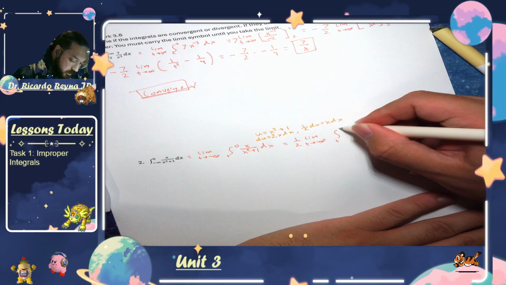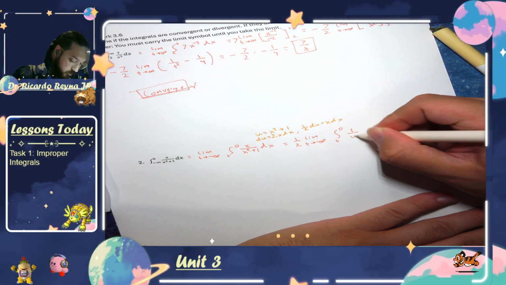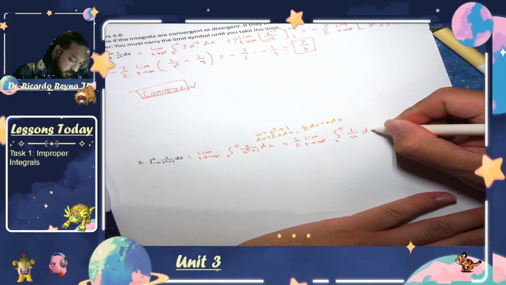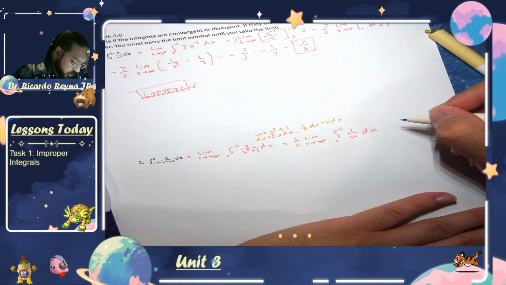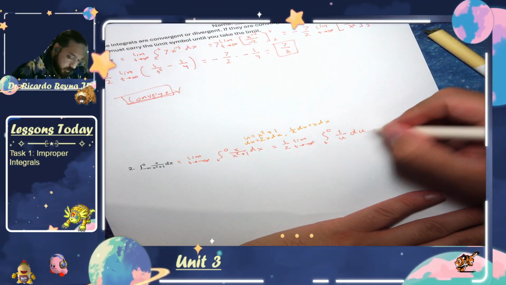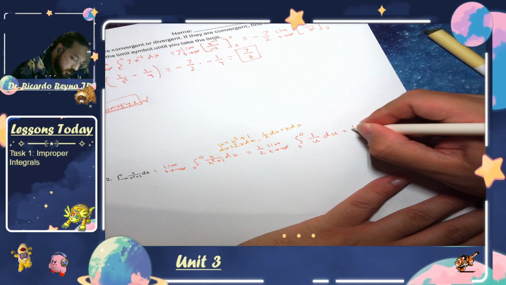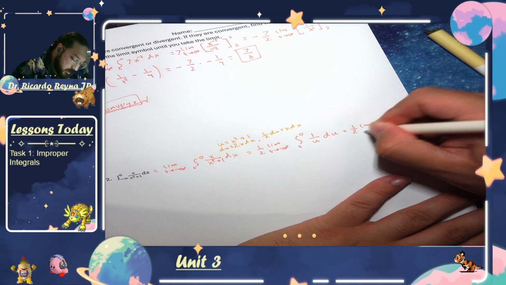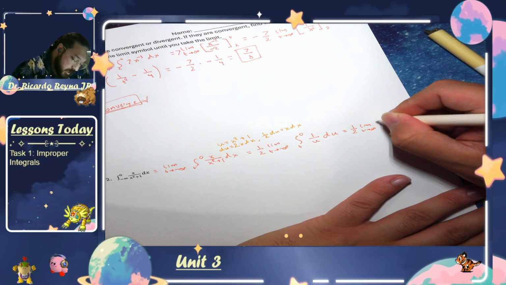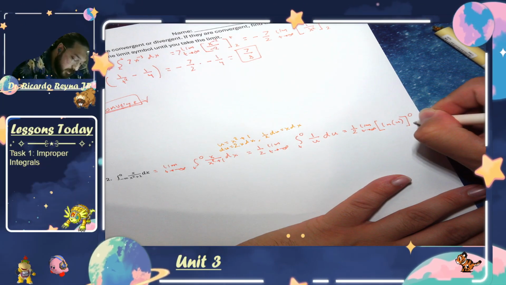Integral from t to 0 of 1 over u du. Let me just double check. Yes. Then we know that this is just 1 over 2, the limit as t goes towards -infinity of ln of u from 0 to t.